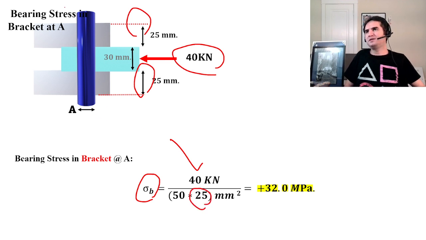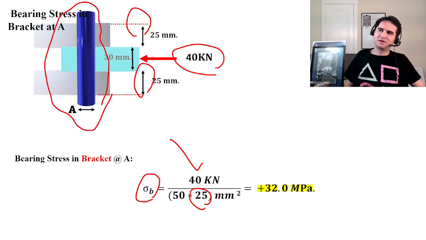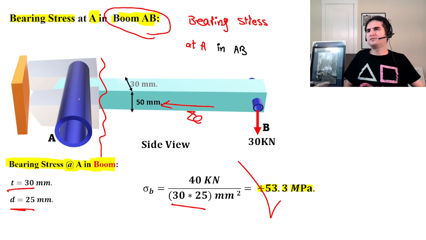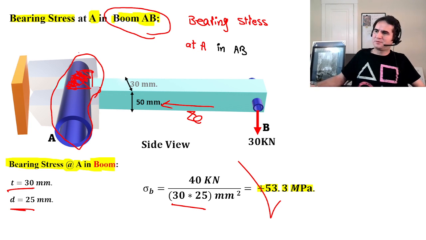All the time in bearing stress, we are concerned with the diameter of our pin at A. Likewise, in either this scenario or the previous one, we are concerned with the area related to the appropriate area of our pin.